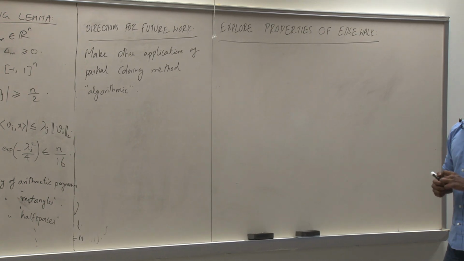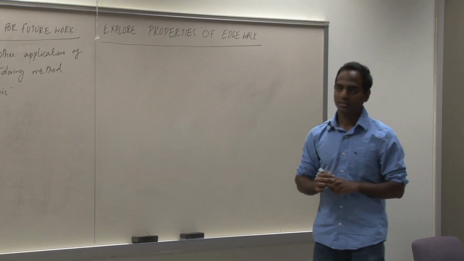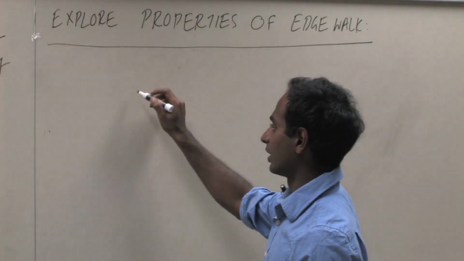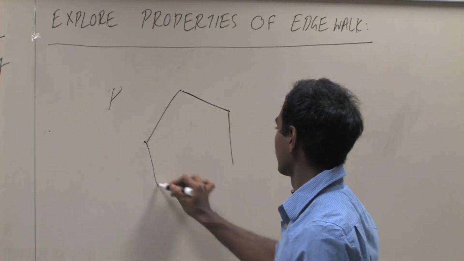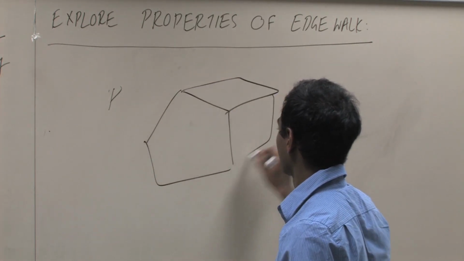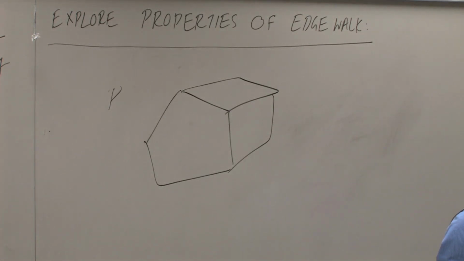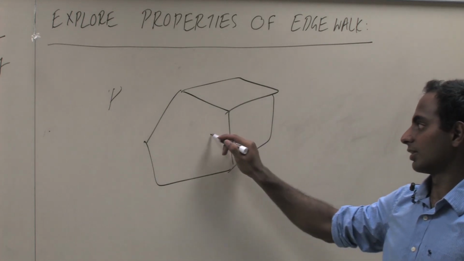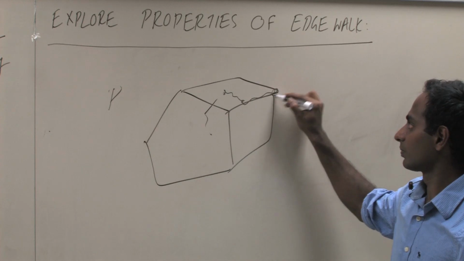And one kind of broad question is to study what properties does this walk have. So you can define the edge walk for any polytope. So you have some polytope. It doesn't have to be these discrepancy constraints and cube constraints anymore, it's just any polytope. And you start from the origin, take a random walk until you hit here, and so on.